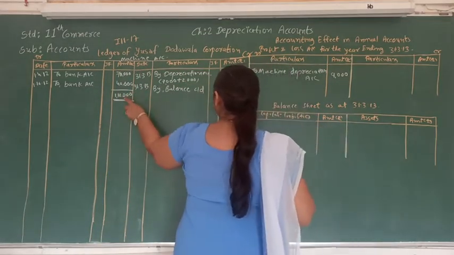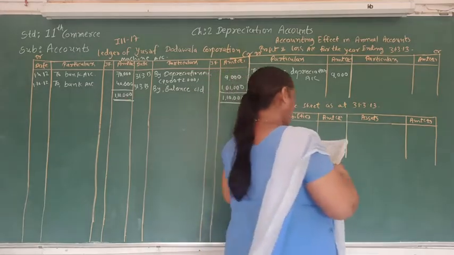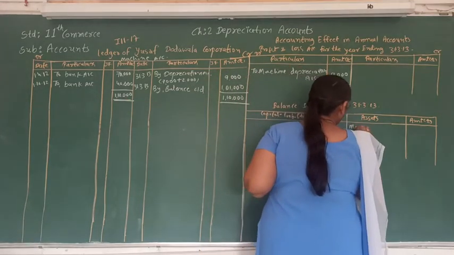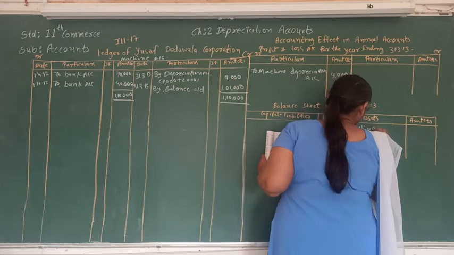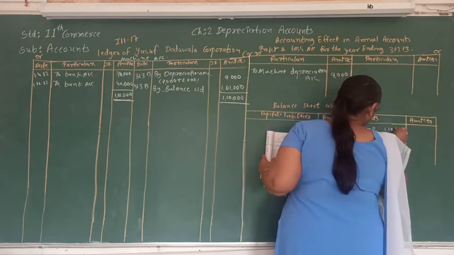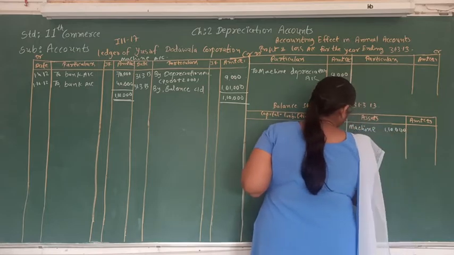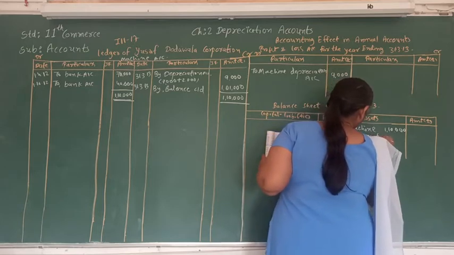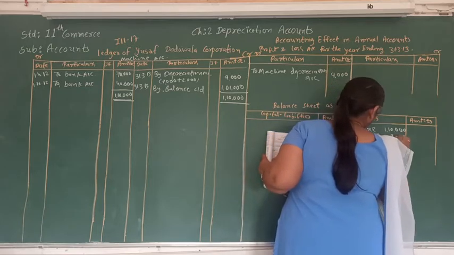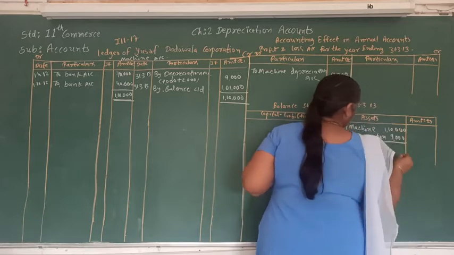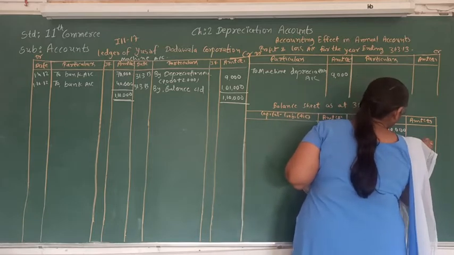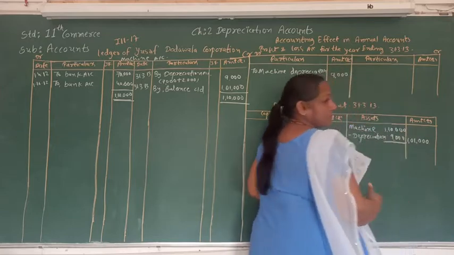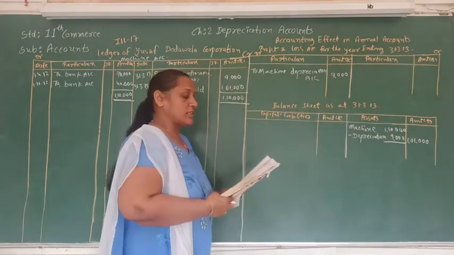So the total machine is 1,10,000, and total depreciation is 9,000. So the balance of the machine account will be 1,01,000 at the end of the first year.